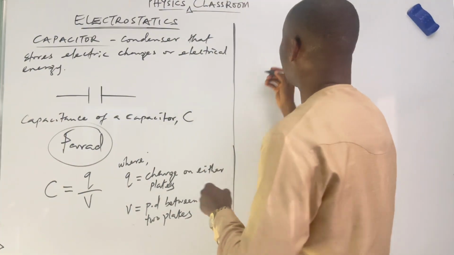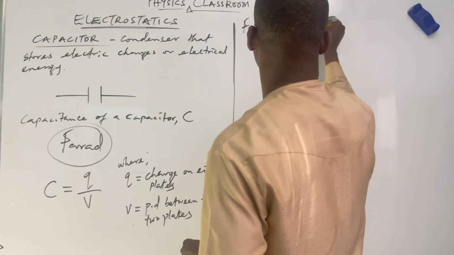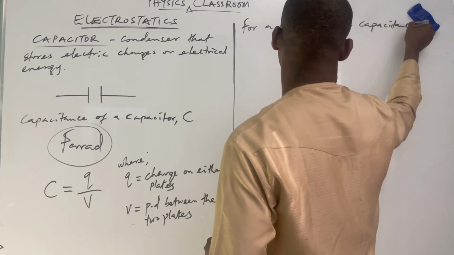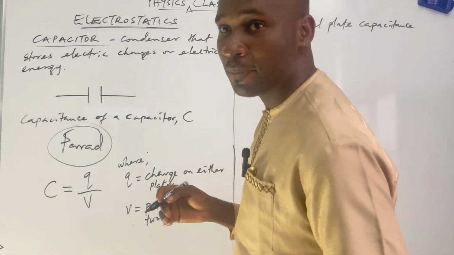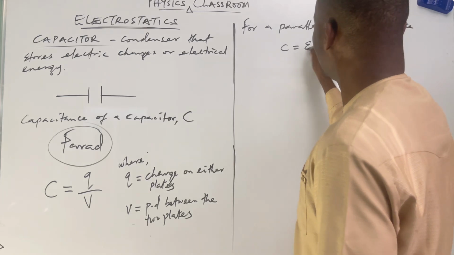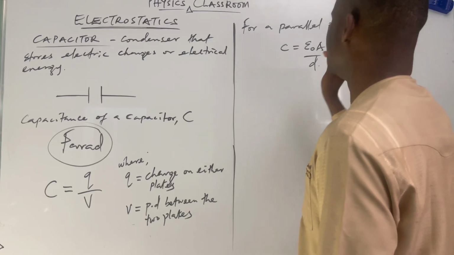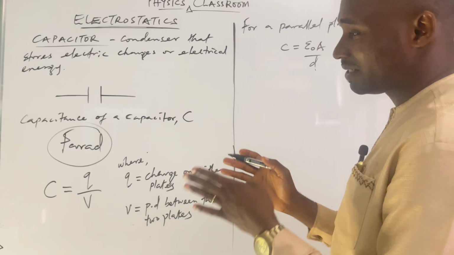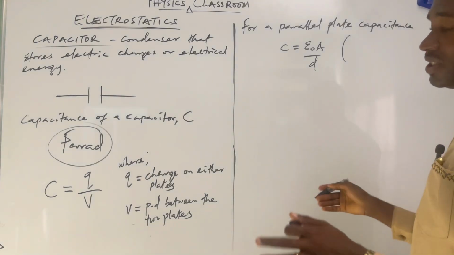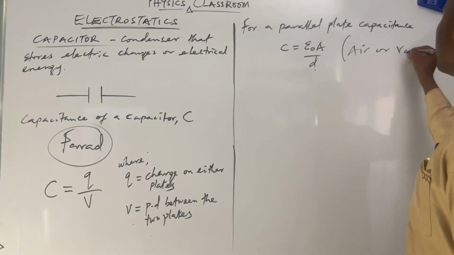Then for a parallel plate capacitance, we use this formula: C is equal to the permittivity of free space, epsilon naught A all over D. This works best when the space between the two plates is left empty or is filled with air or vacuum.